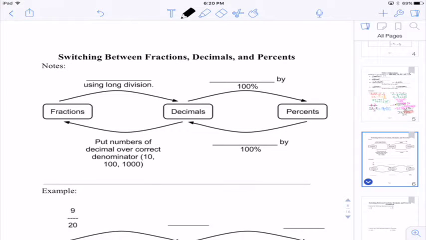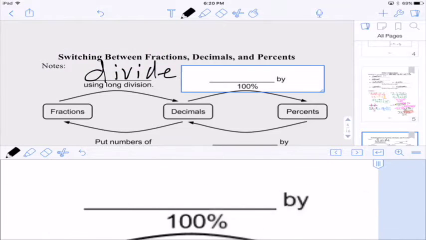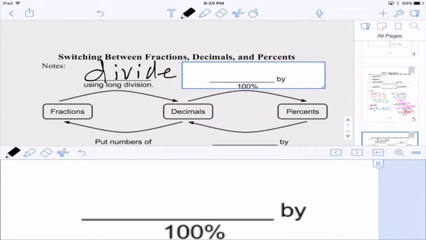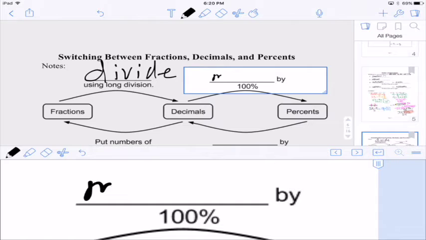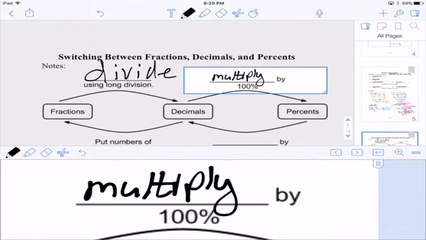So, to get from a fraction to a decimal, you need to divide. We learned a little bit about division in the exploding dots unit, so hopefully that comes back and is helpful. From a decimal to a percent, we multiply by 100%.